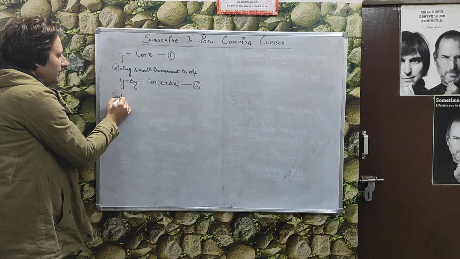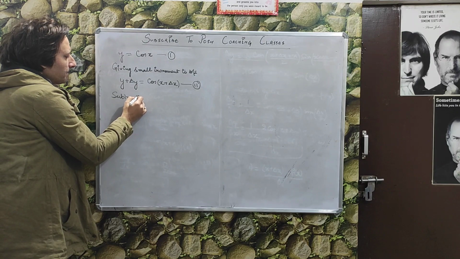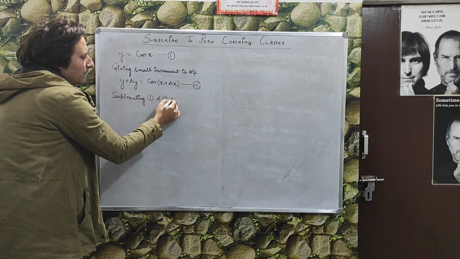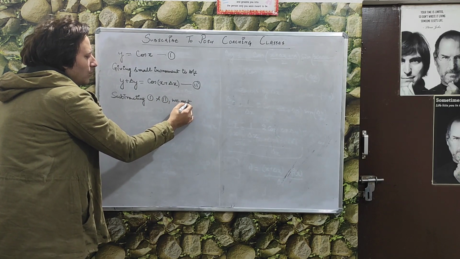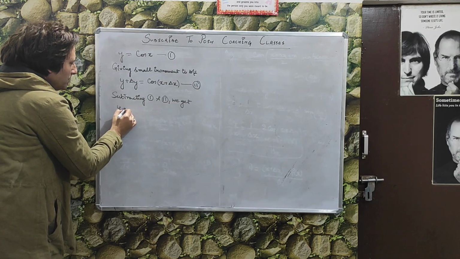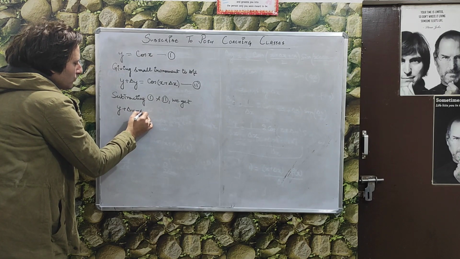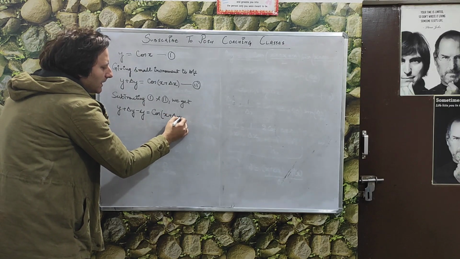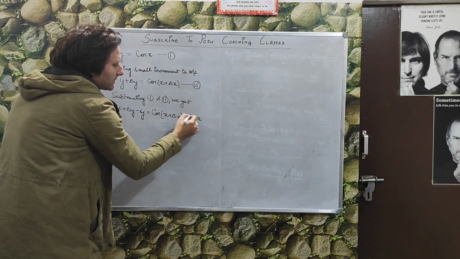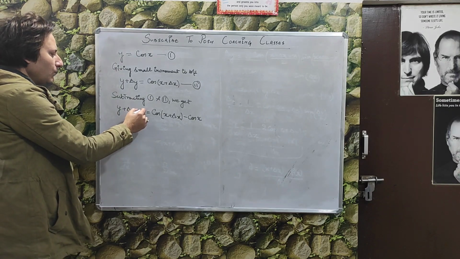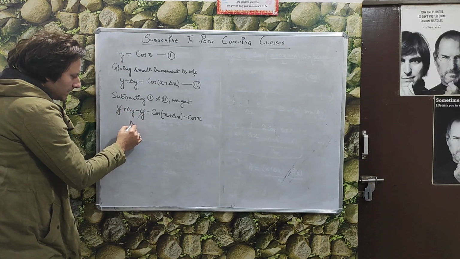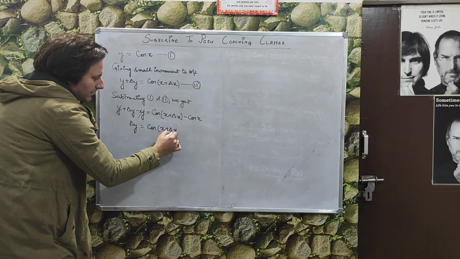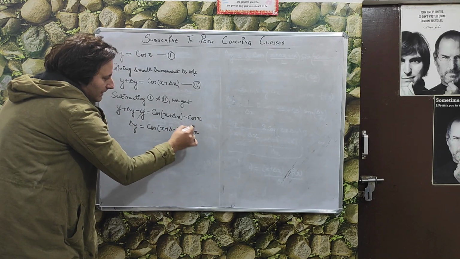Now subtracting first and second, we get y plus delta y minus y is equal to cos of x plus delta x minus cos x, right? Same thing, y and y goes, delta y is equal to cos of x plus delta x minus cos x.